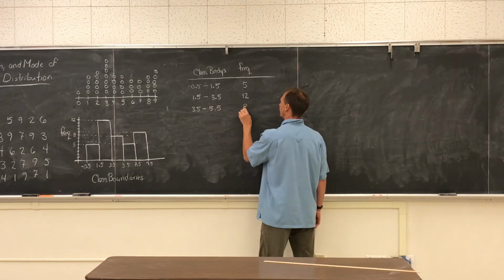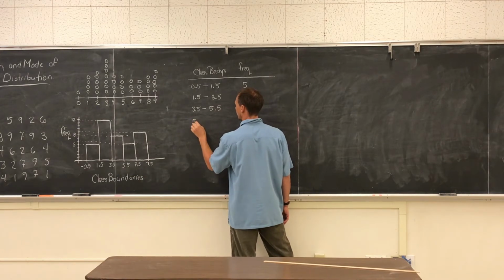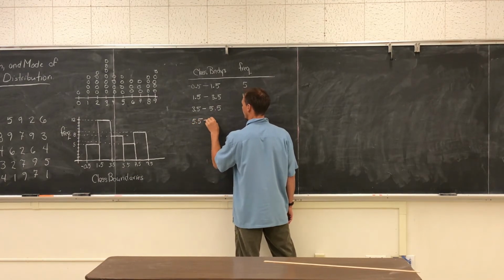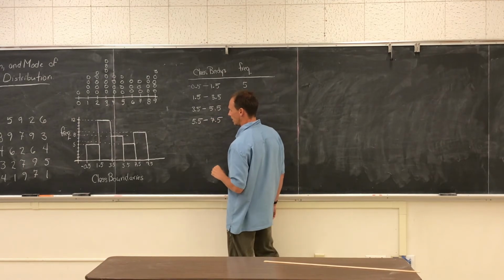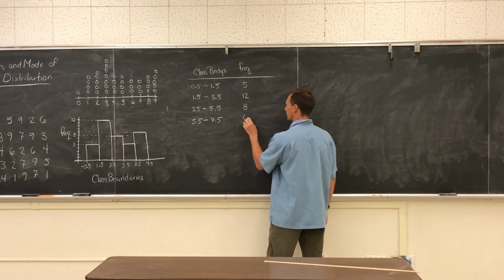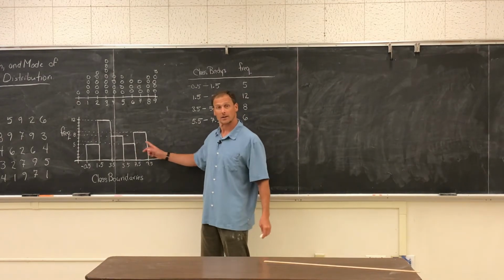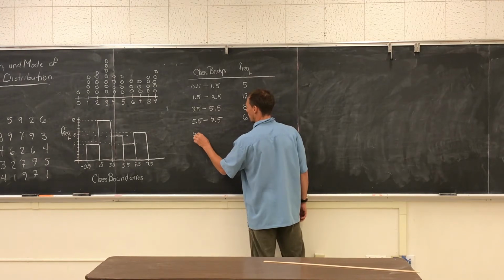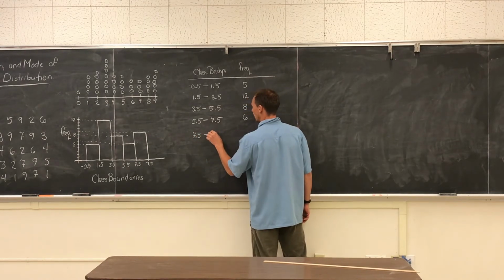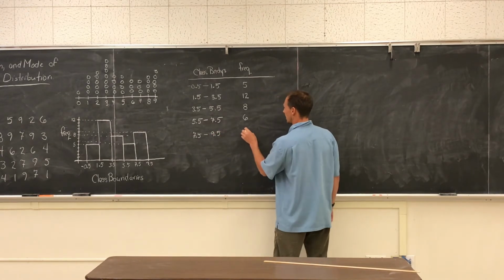Frequency is 8. And then from 5.5 to 7.5, we had 6. And our last column has 9. That is 7.5 to 9.5, and that has 9.